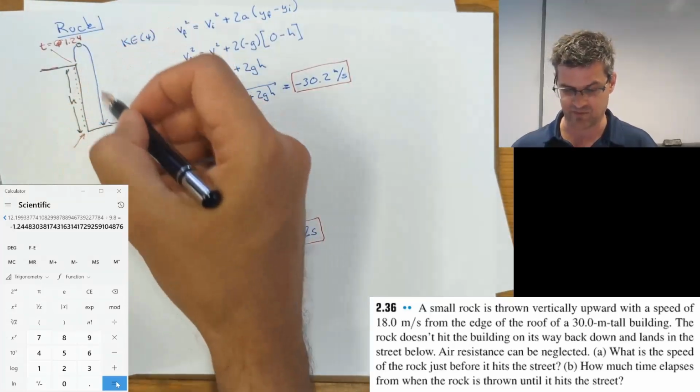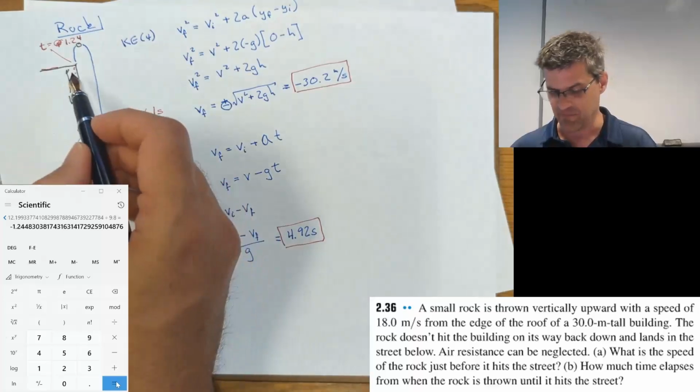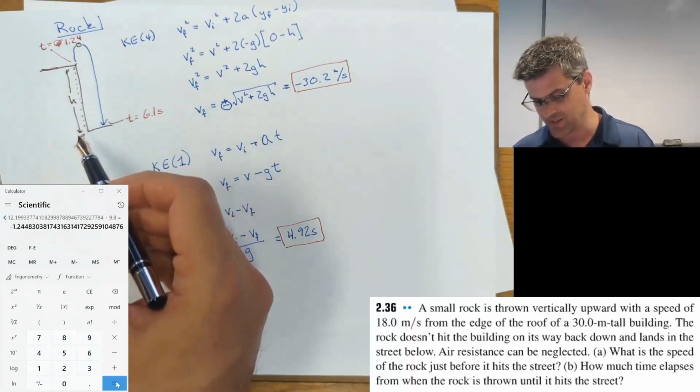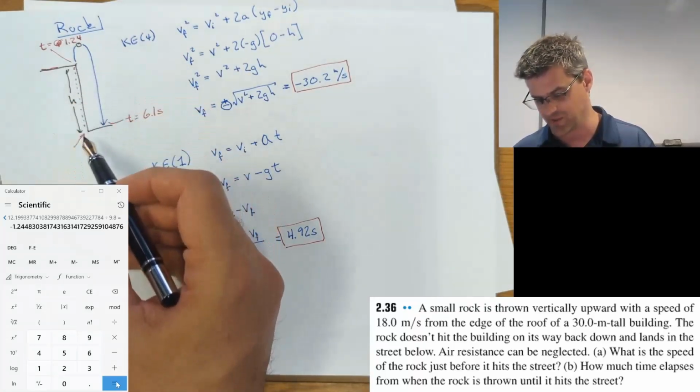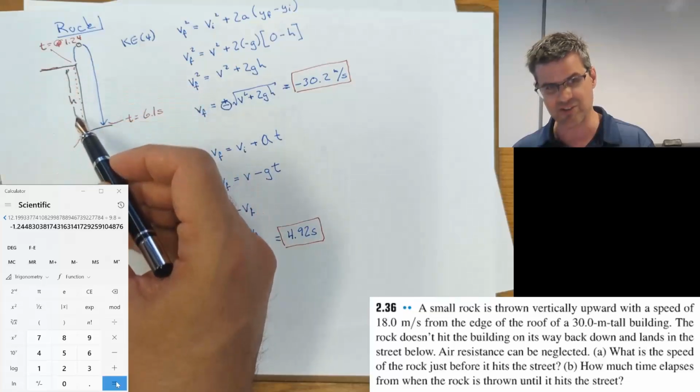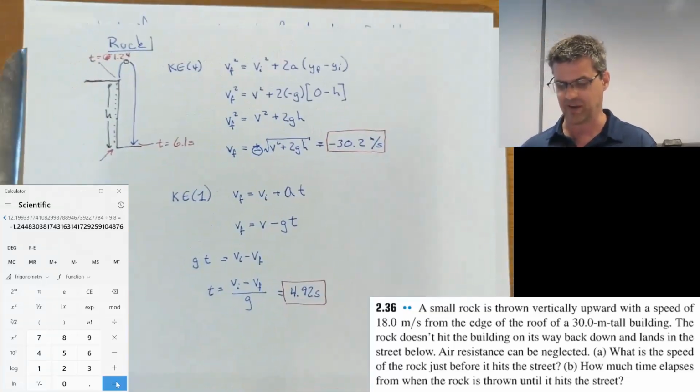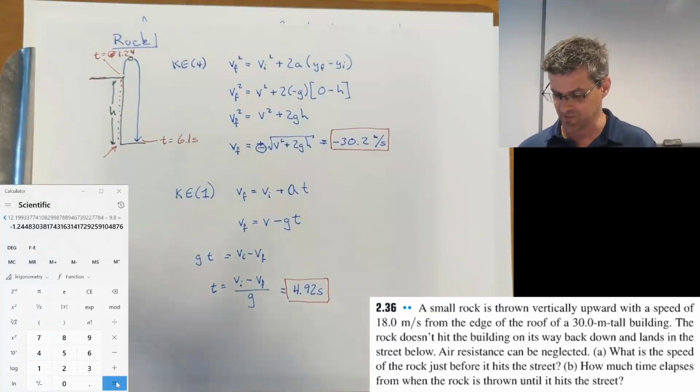Where did we start? What was time t equals 0? But that negative time really does have significance. If we were to go backwards in time along this trajectory, we would have ended up back on the ground. That's what that negative time means.